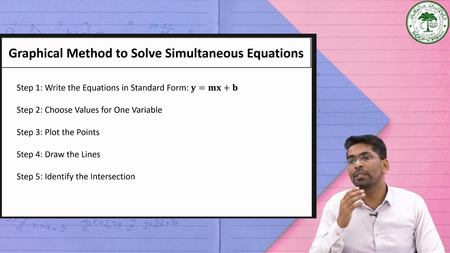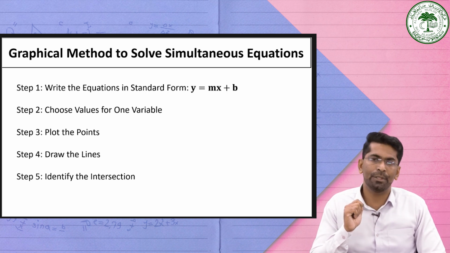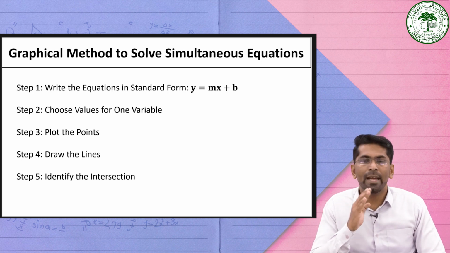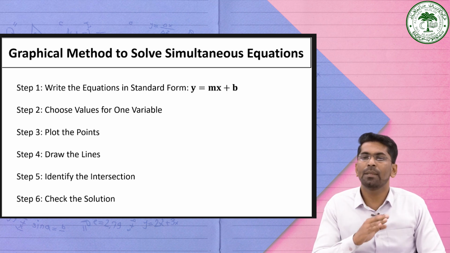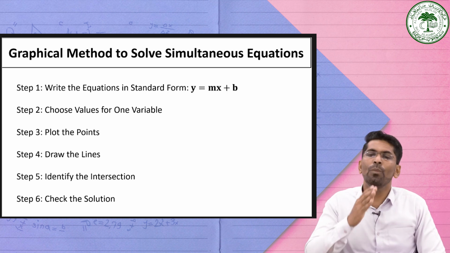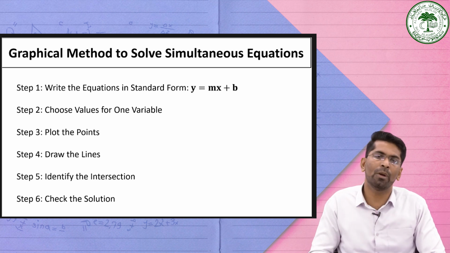The solution to the system of linear equations is the point where the two lines intersect. So this particular point represents the values of the variables that satisfy both equations. And the last step is to check the solution, that is, substitute the values of the variables from the point of intersection into both original equations so that you can ensure that both equations are satisfied or not.